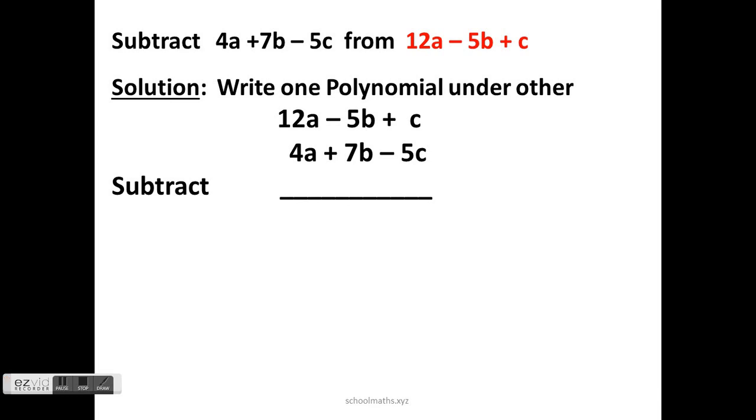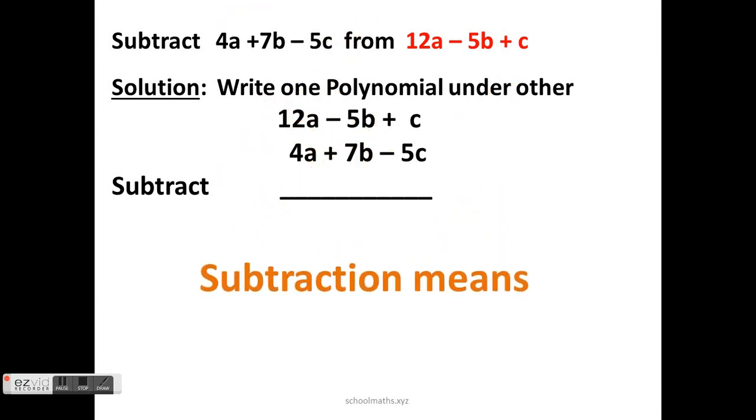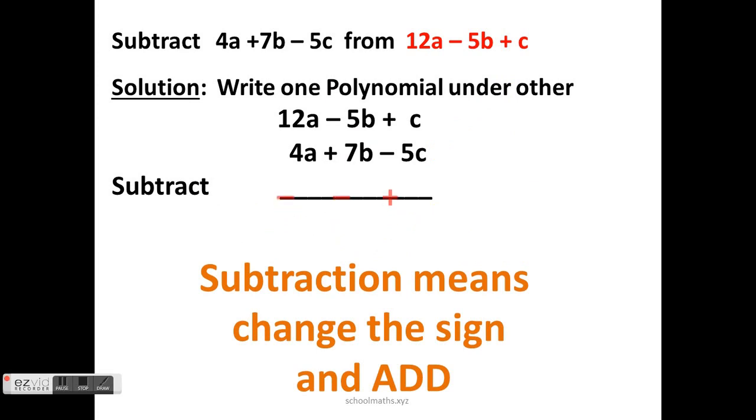Now, we are going to subtract. What is subtraction? Subtraction means change the sign and add. That is the definition of subtraction. Subtraction means change the sign and add. Here, see, plus 4a has become minus 4a, plus 7b has become minus 7b, minus 5c has become plus 5c.